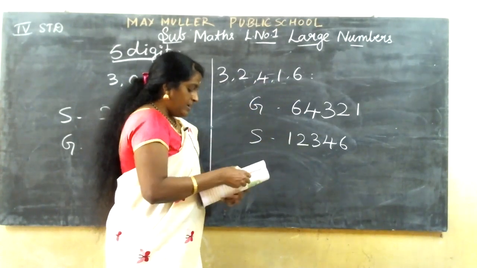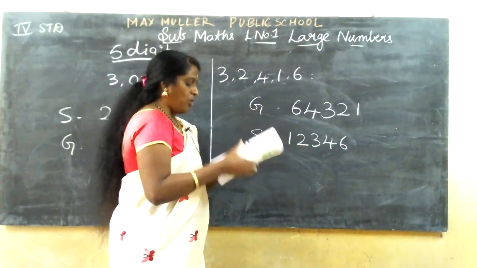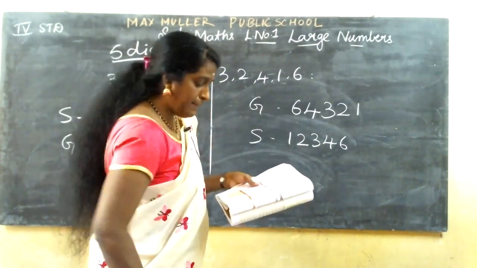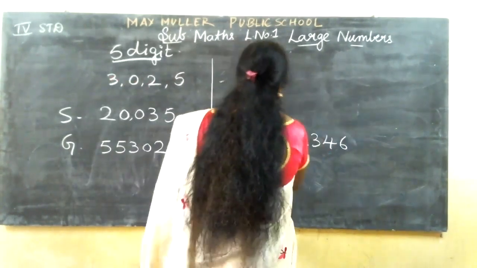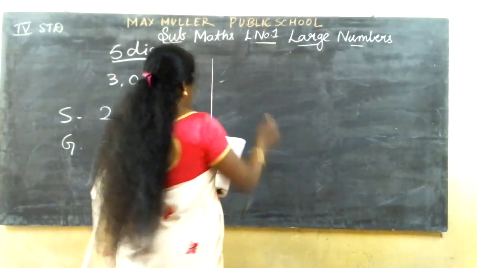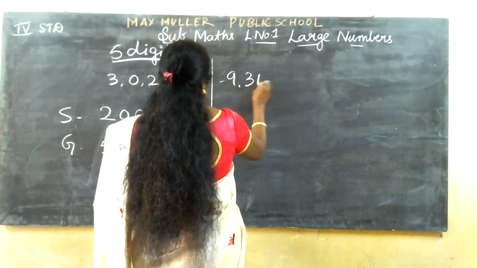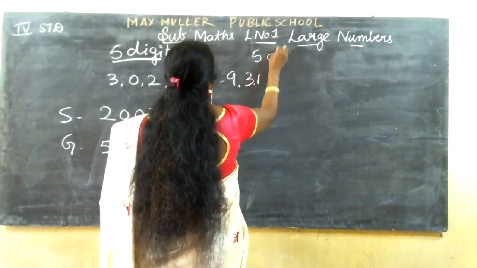Next, write the greatest and the smallest 5-digit number using the given digits. I'll show one small example. Second one, 931. 5-digit number.